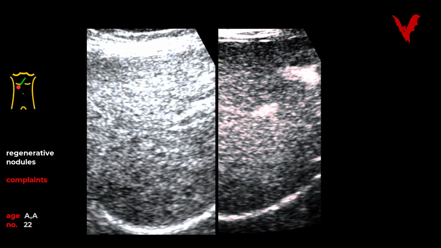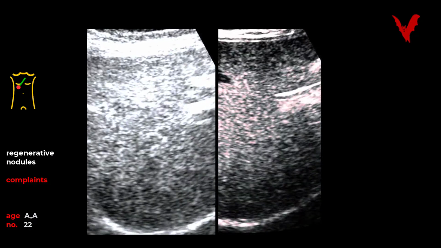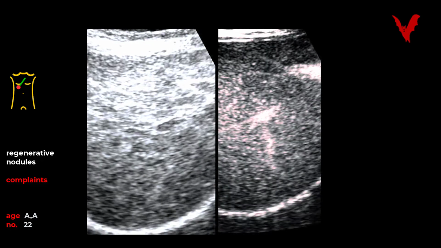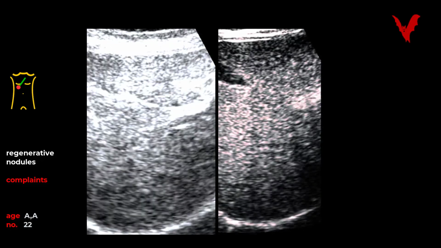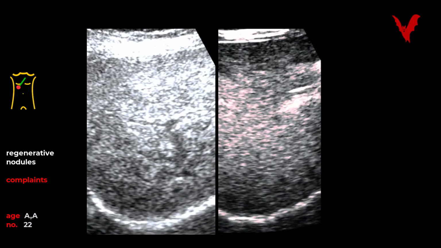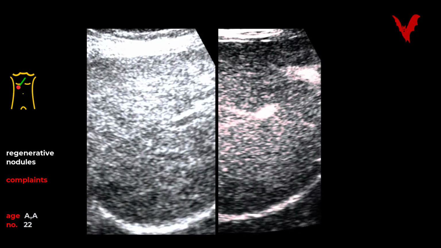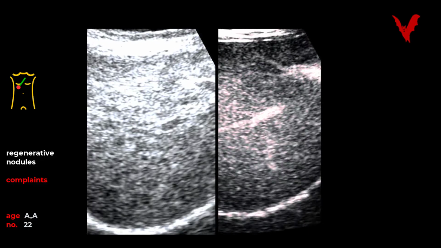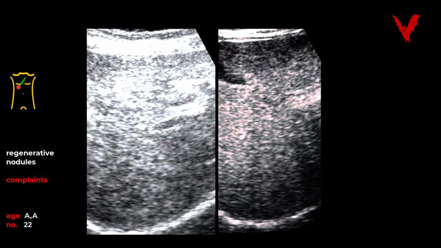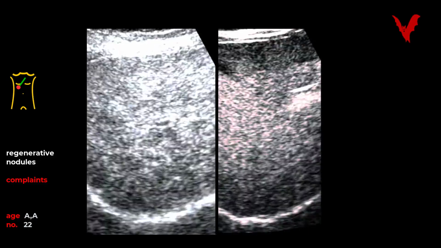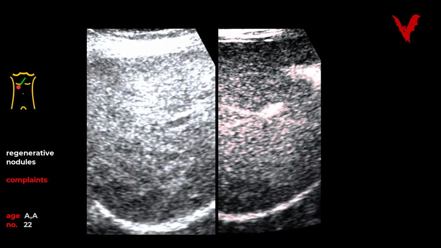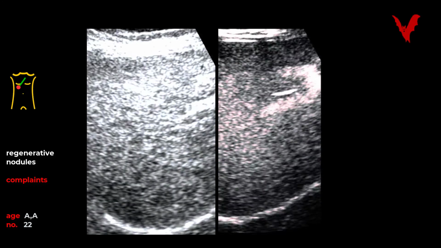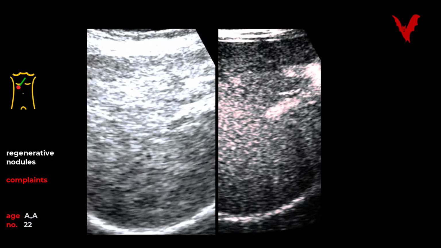In figure 22, there are FLs in grayscale only, not so in an additional contrast study. So in the end, they were classed as regenerative nodules only, which became true in the further course of years of observation of this patient.